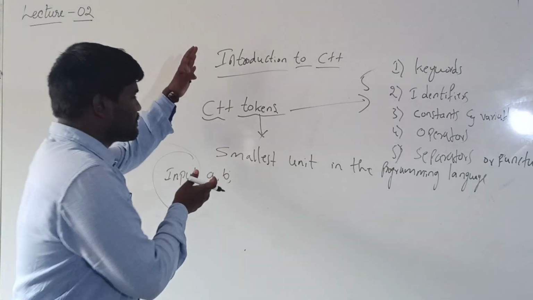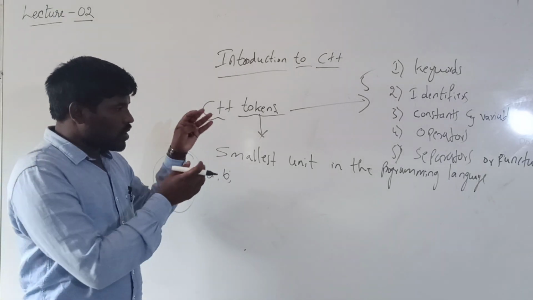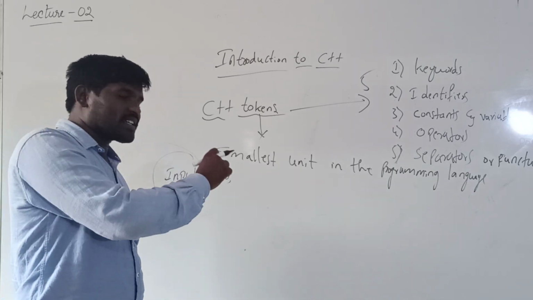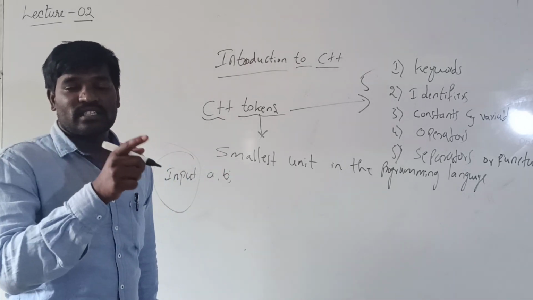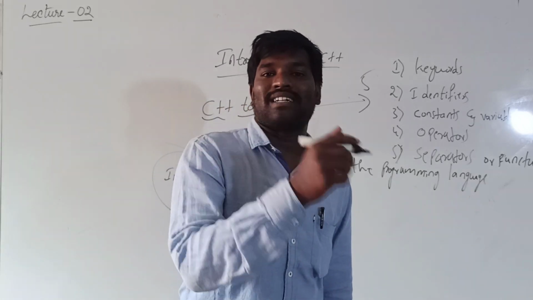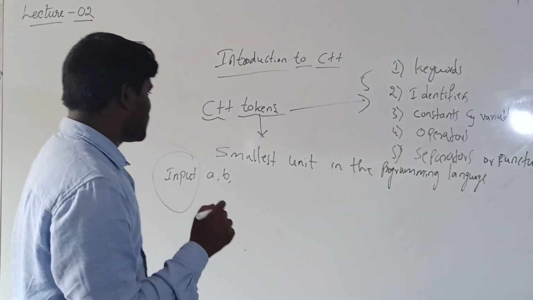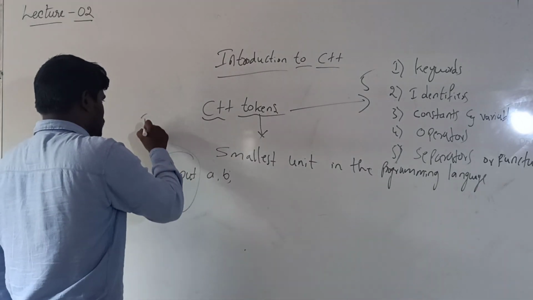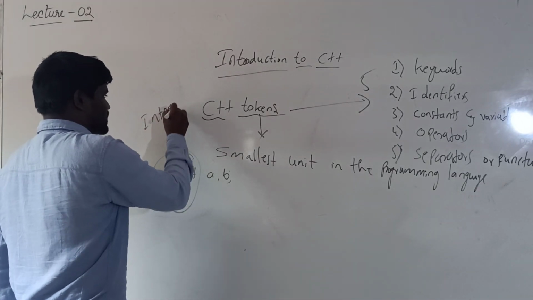But in a programming language, if you want to give the input as an integer, you have to clearly specify which type of data you are entering. For example, if I want to perform the sum of two numbers, you have to give the input as integer.